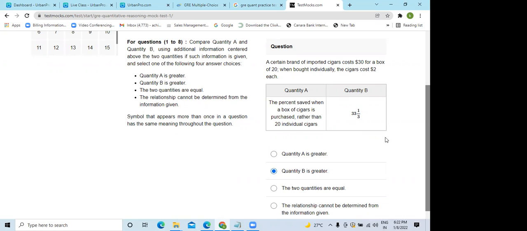Could you repeat how you calculated 25%? Okay. $30 divided by 20 is how much? 1.5. Now, when you buy it individually, it's going to cost you $2, right? So how much are you saving? $0.5. Then 0.50 divided by 2.